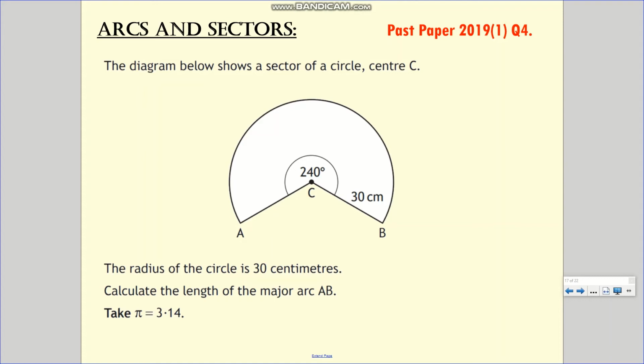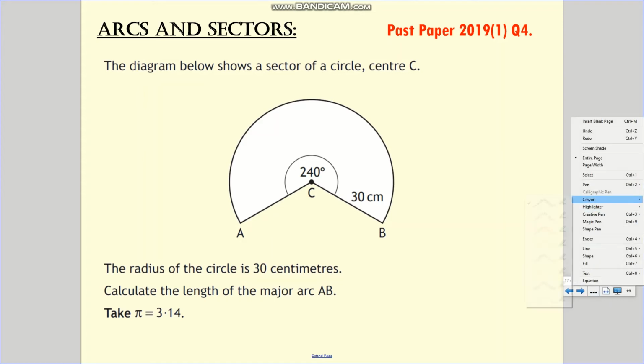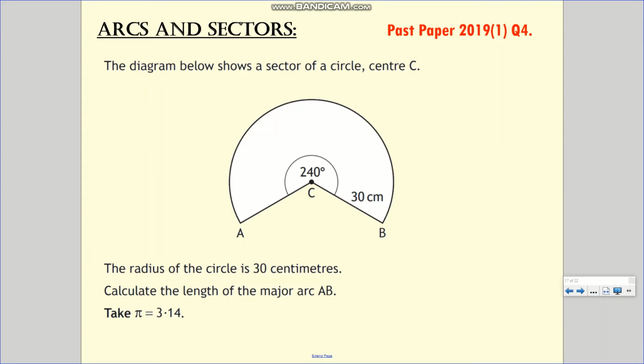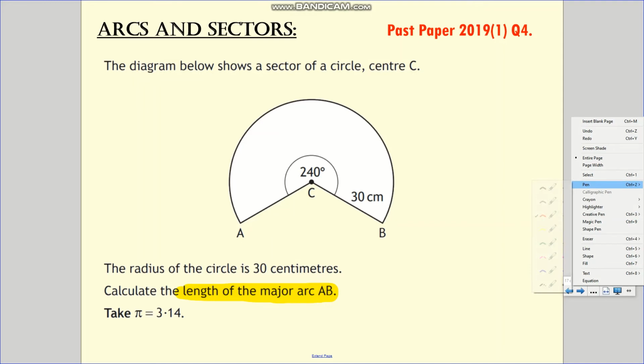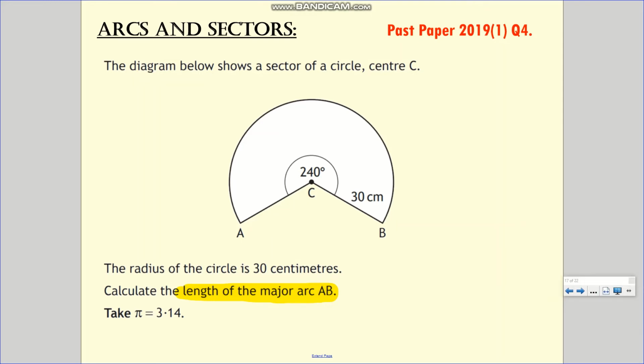We've got here a question about finding the length of the major arc AB. So here we have to use the arc length formula. The arc length formula, remember, is AL is equal to the angle at the center of the sector divided by 360 multiplied by pi d.